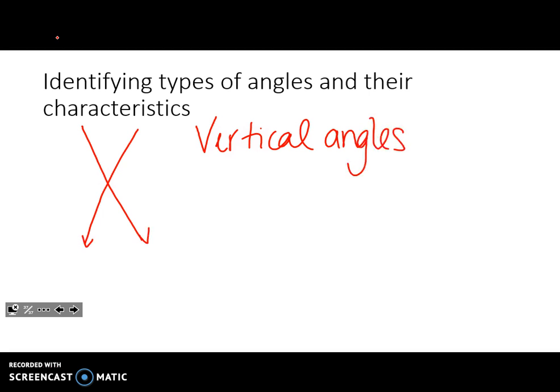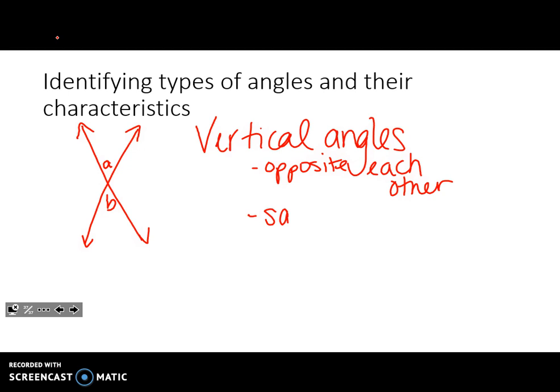Vertical angles are always exactly opposite each other. Okay, so angle A here and angle B here, those would be considered vertical angles because they are opposite one another.